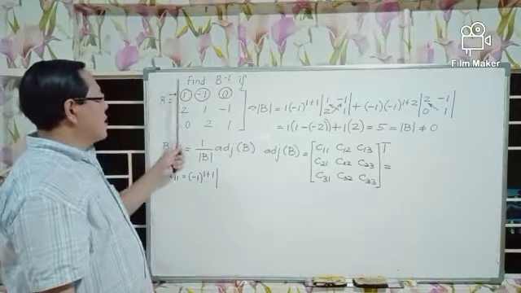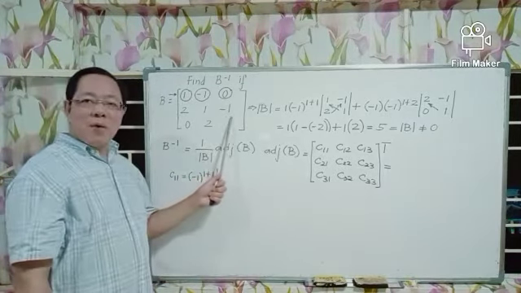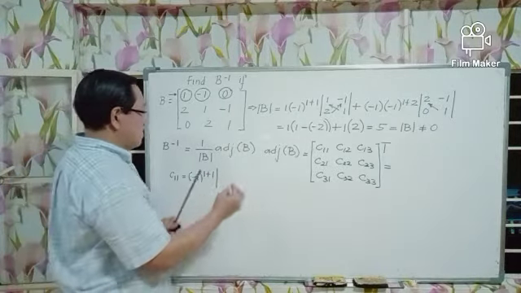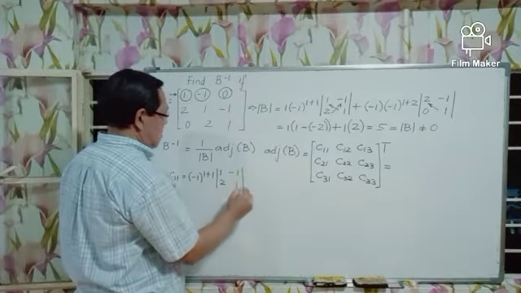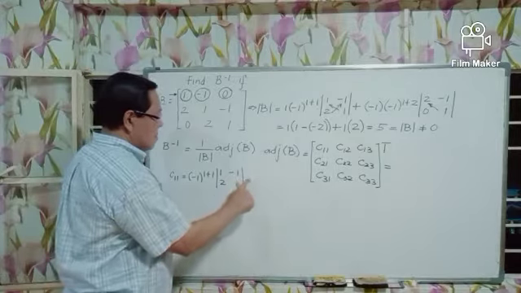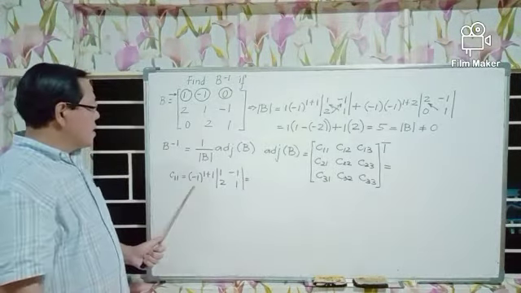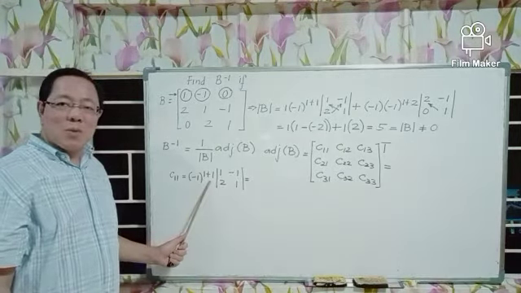Delete the first row and the first column and you get this determinant of order 2 with entries 1, negative 1, 2, 1. And we simplify. Negative 1 raised to 1 plus 1 is negative 1 raised to 2.